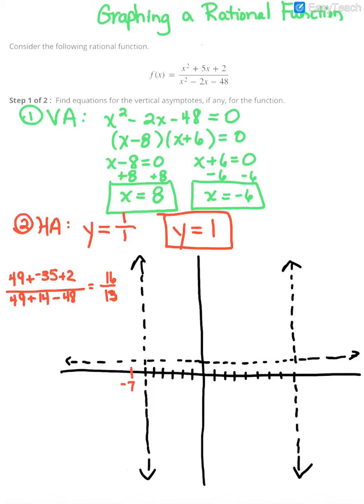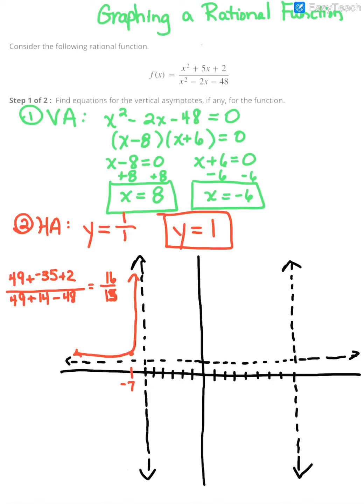Okay, so 16 over 15. So that's bigger than 1, which would basically tell me the point is up here above that asymptote, and we know a graph has to follow the asymptote, so we would have a piece like that.